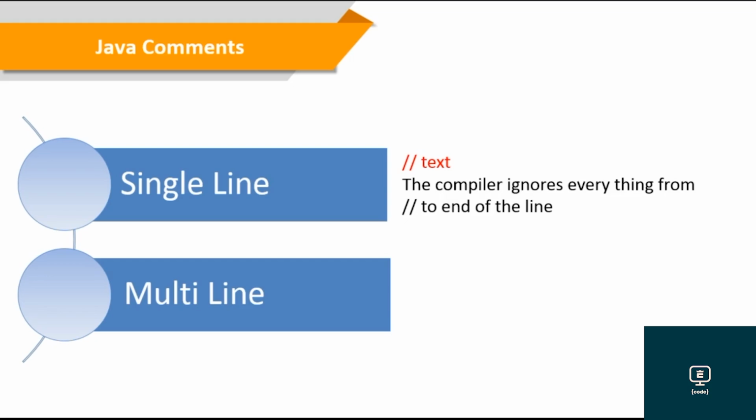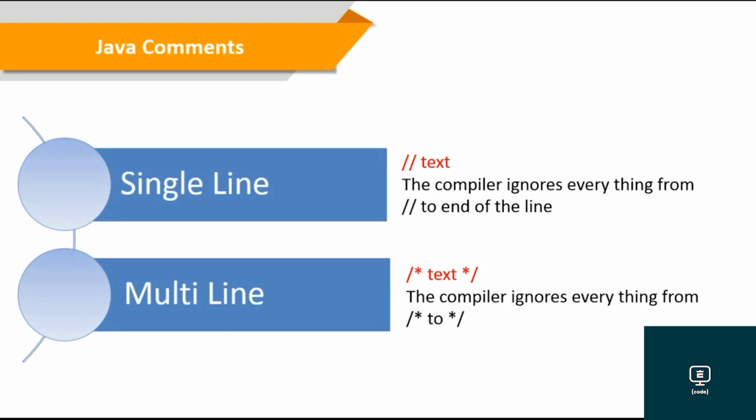The compiler ignores everything from double slash to the end of the line. So this, of course, is the easiest type of comment. The multi-line comment is used to comment on multiple lines of code. It starts with a slash and asterisk and ends with an asterisk and a slash. So that way the compiler ignores everything between a slash, asterisk, and asterisk slash. Say that 3 times fast.